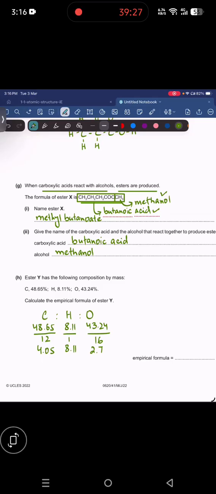So the smallest number is 2.7 here. We divide all by 2.7. So the oxygen cancels out and becomes 1. For the remaining, carbon is 1.5.